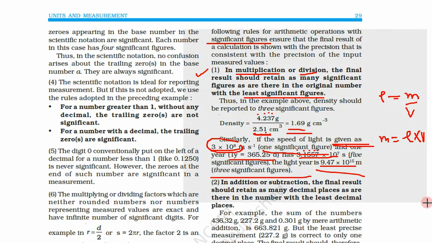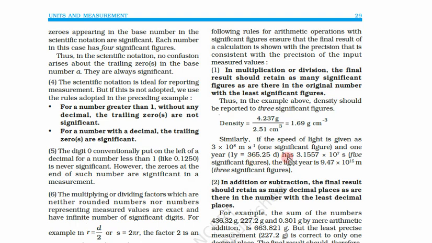We consider them as a number or as a constant, and when we multiply this with this number, we must retain up to 5 significant figures, and then we rounded it to 9.47 into 10 to the power 15 meter. We can reduce the significant figures, but we cannot increase them on our own. And since this is the given data, there is no error associated with this.